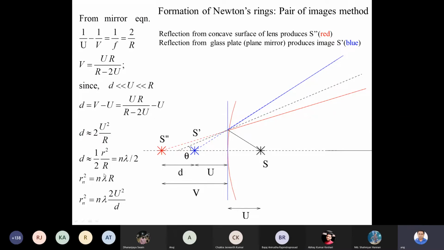Then you can write Rn square; this is for dark rings. So Rn square equals n lambda r. You can put the value of r here: n lambda, and then 2u square upon d. So basically you can calculate the nth ring radius using this equation.